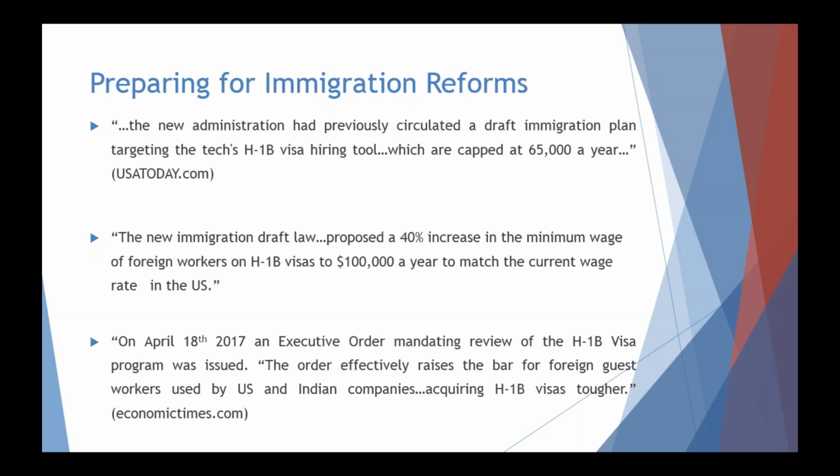There was another immigration draft law proposed by Congressman Darrell Issa out of California to increase the minimum wage of foreign workers from an existing level of $60,000 per year to an annual $100,000 per year. The driving force behind that is that because H-1B visa holders are locked into a company, as I mentioned before, they're typically brought in at lower wages than what their skill set requires.